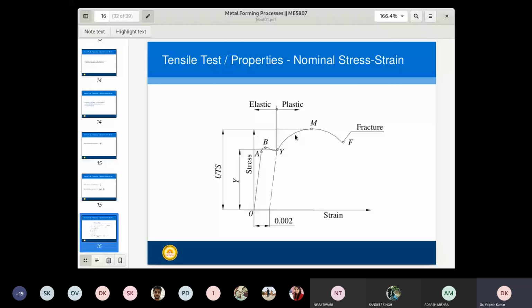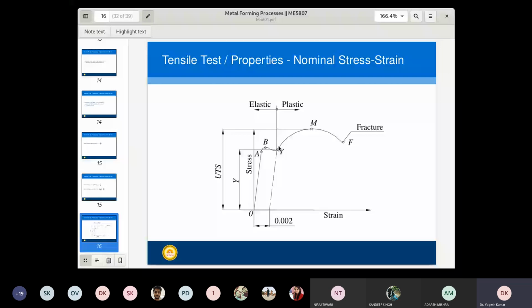So beyond point Y, if you even release your applied force, the specimen will not be able to regain its original shape and size.